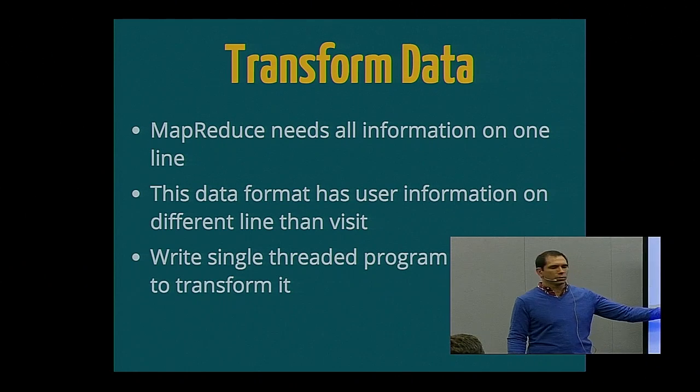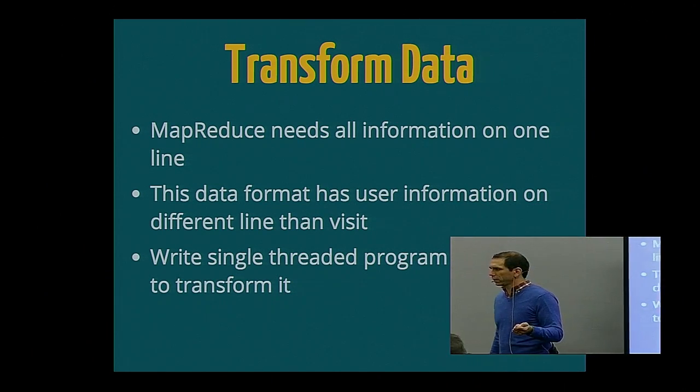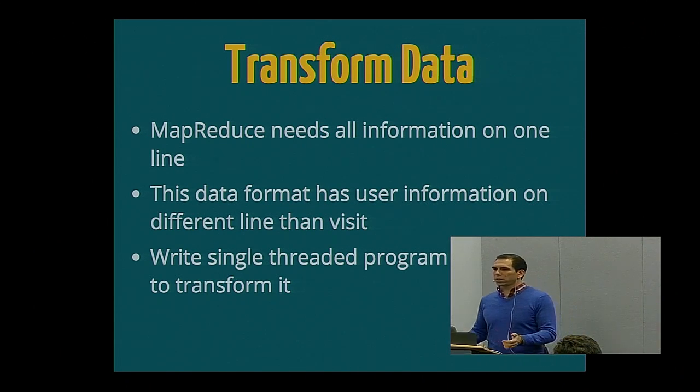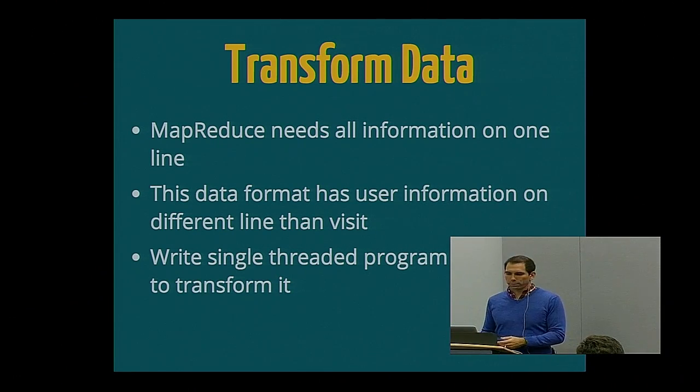The idea is you need one or a series of single-threaded programs looking at this file in order, and then you might be able to combine these lines and write out which customer made each visit on each line. Then you could do the processing in mrjob somehow. We're not going to cover what this program might look like, but keep in mind that you may need to transform your data before being able to process it most easily.